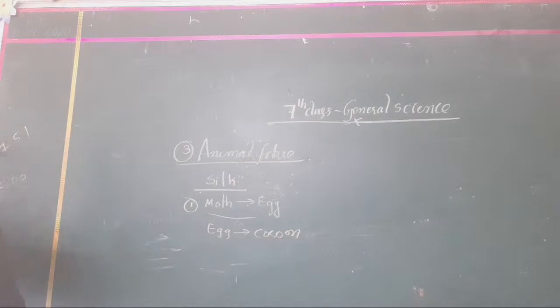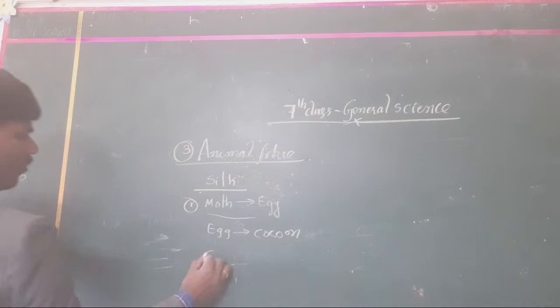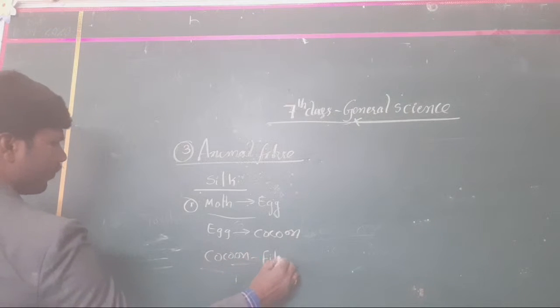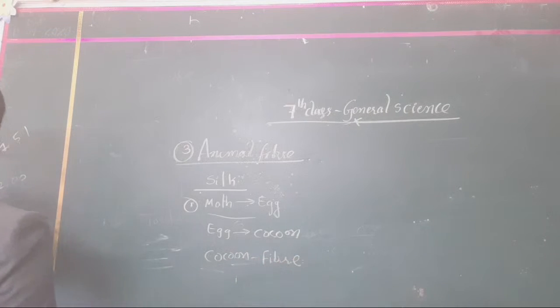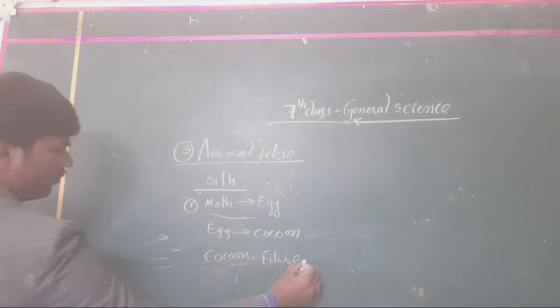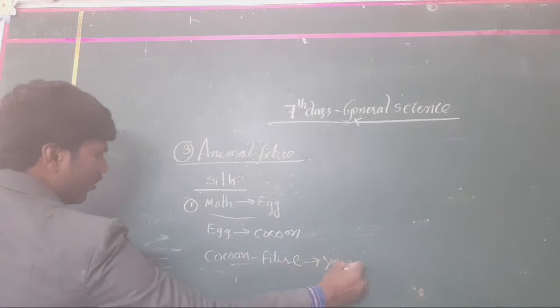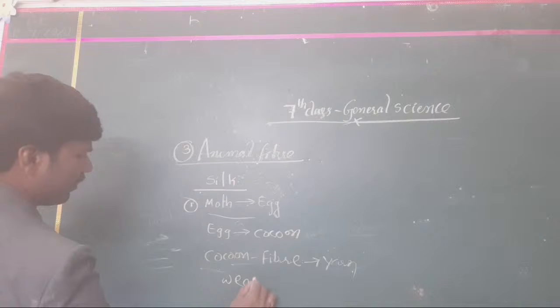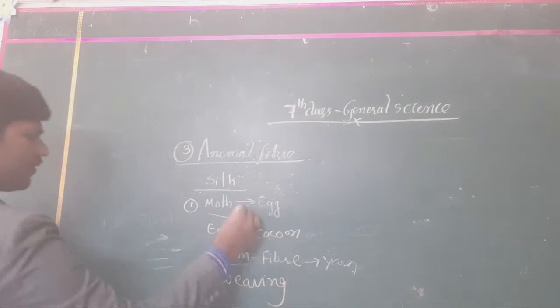Then next we consider cocoon to fiber, and fiber to yarn. Clear or not, all of you? After this we go with weaving. These are the processes.